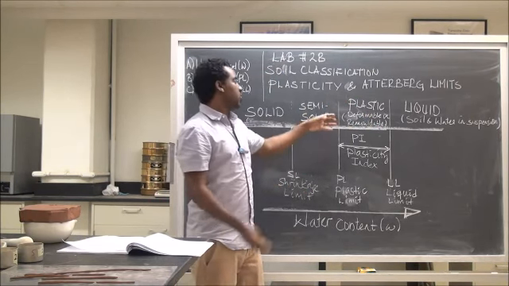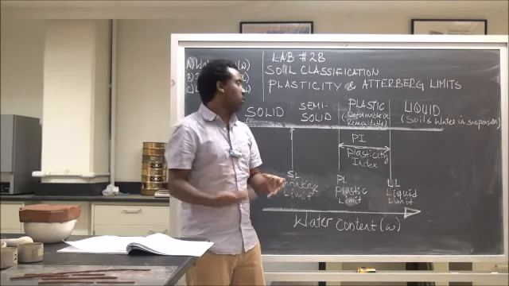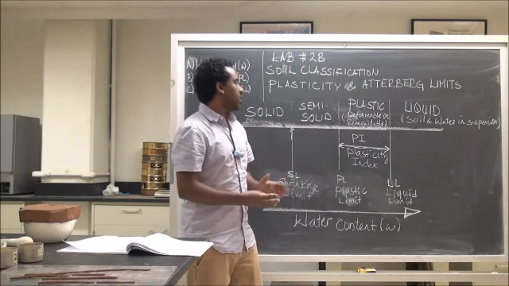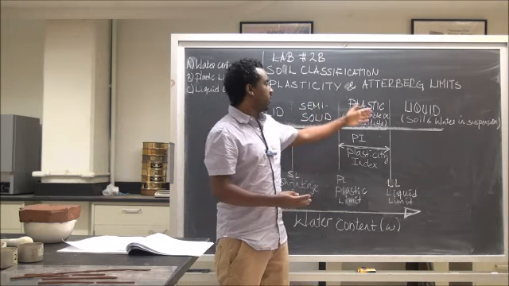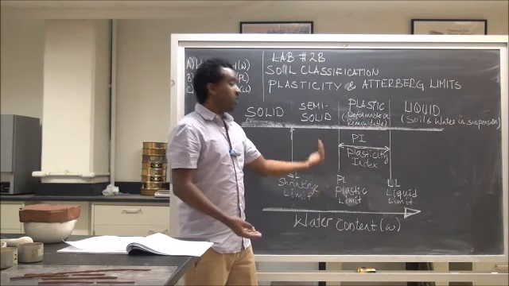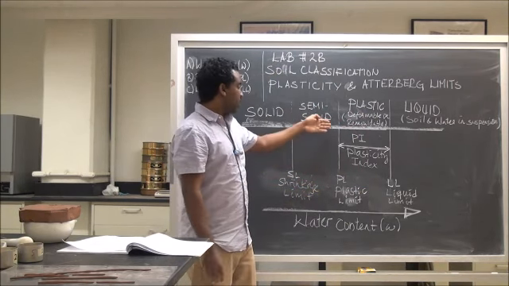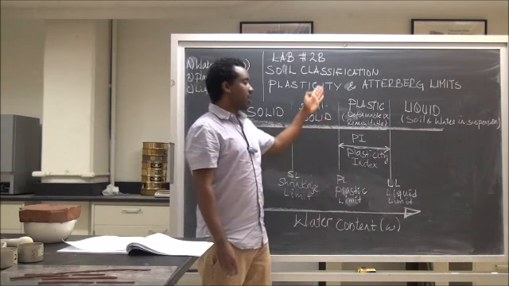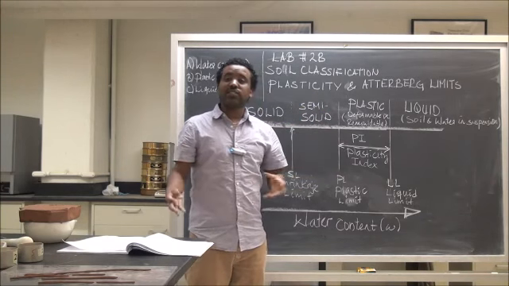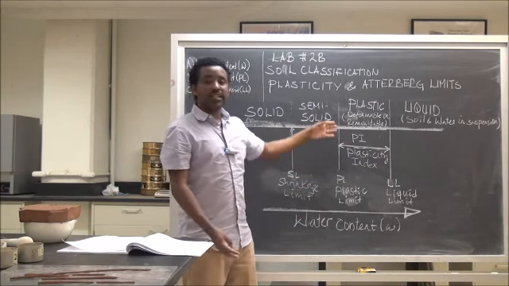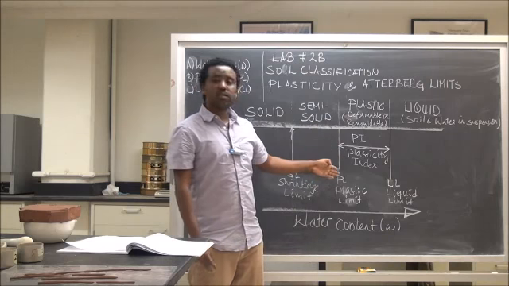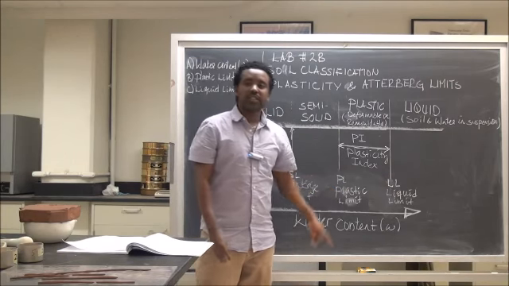That means it shows a deformable or remoldable nature, and that is what we call the plastic state. With further reduction in water content, it will reach a limit where it doesn't show any further plastic nature. That water content is called the plastic limit.